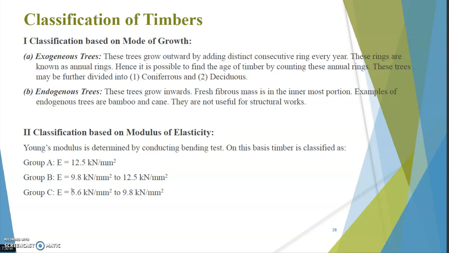If you see that particular bridge, the part of the bridge over which people walk has to be made with the help of timber, and that timber should have a certain elasticity modulus. Only then can it bear the load of people passing over it from one end to another, right? So in these kinds of applications, and in some other places where timbers are used as long span roof material. Span means the distance between consecutive supports.